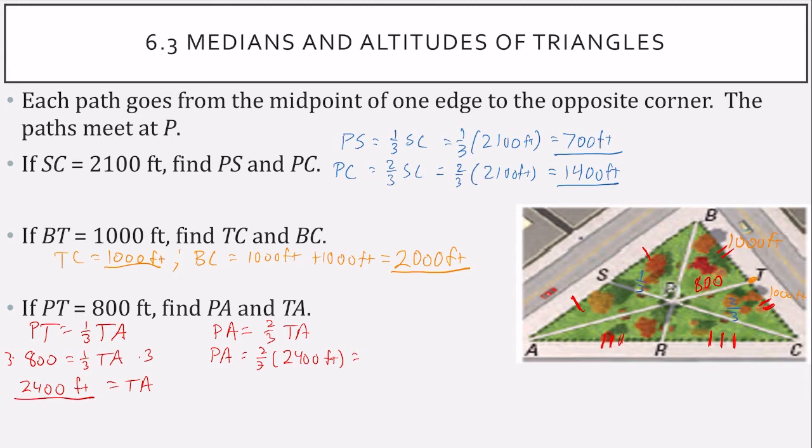So you multiply those and you get 1,600 feet. But notice if I take that 800 and multiply it by 2, I get 1,600 feet. So if you just take the shorter one, which is the 1/3, and double it, you get the 2/3 part. Would you pause this and try numbers 2 and 6?